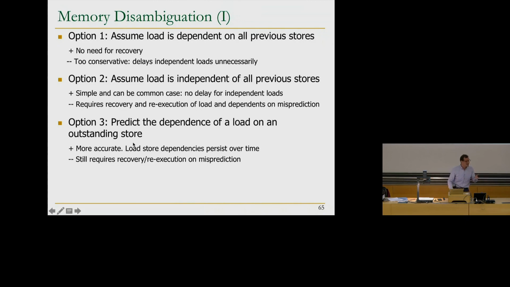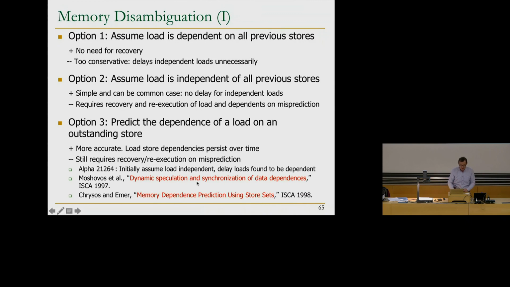Okay, but this is more accurate, clearly. Because load-store dependencies persist over time, people found out that if this store is writing to a location that this load is going to read, whenever you go back to the same load and store in a loop, for example, it's going to happen again and again. So you can learn from past executions. But of course, if you're wrong, you still need to recover and re-execute.